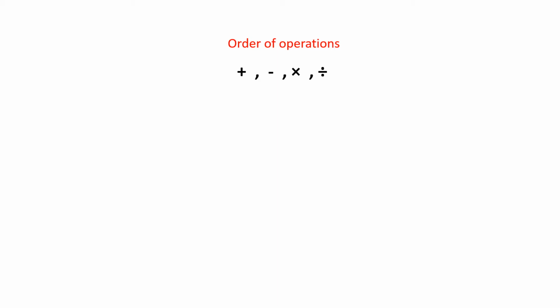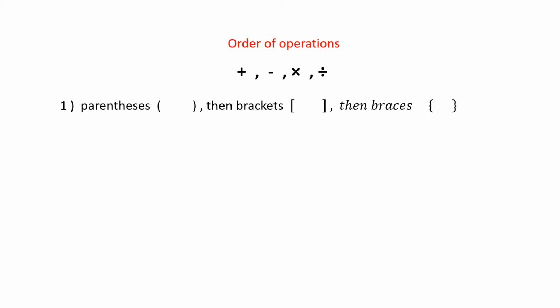So if you want to know which operation you have to do first, let's follow those rules, those instructions. Firstly, do what is inside the parentheses, then what is inside the brackets, then what is inside the braces. Step 2, multiply and divide in order from left to right.